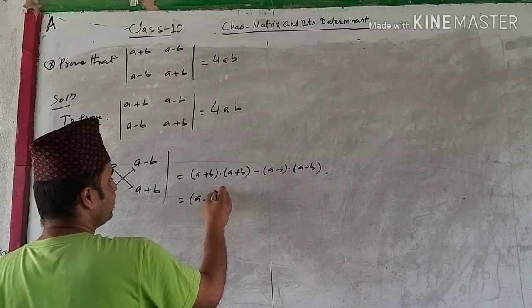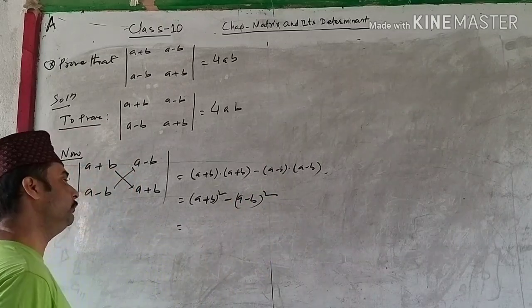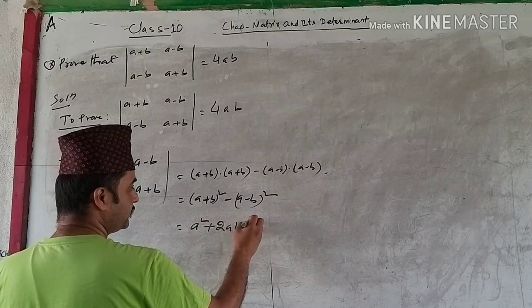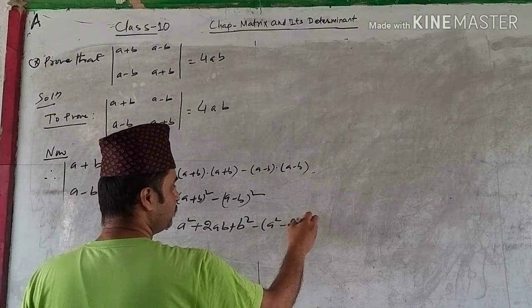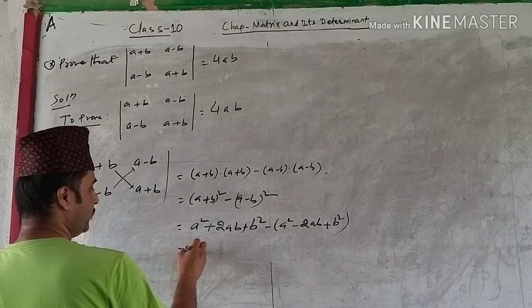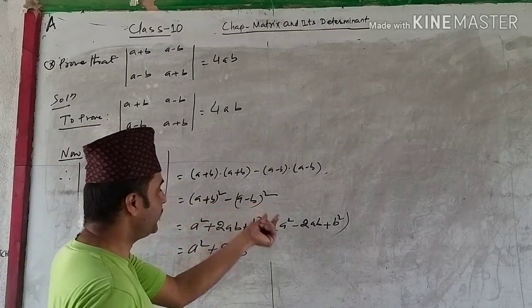So it is (a plus b) whole square minus (a minus b) whole square. Expanding, we get a square plus 2ab plus b square.